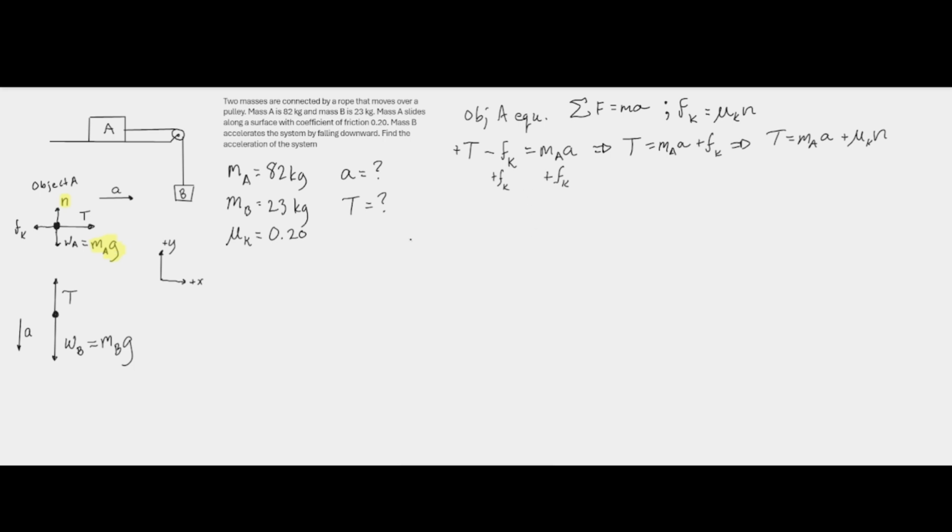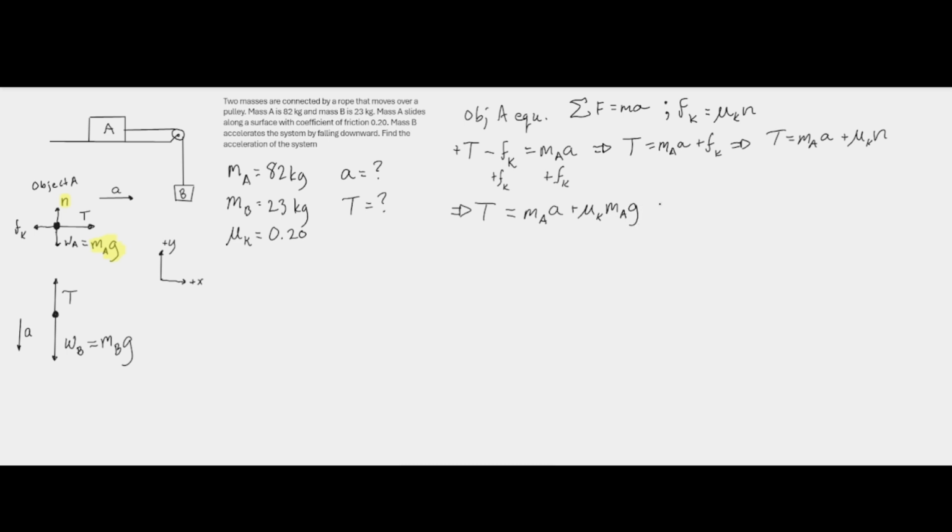In this case, we only care about the magnitude, so it's the mass of A times gravity. So continuing down here, the tension force is equal to the mass of object A times the acceleration of the system plus the coefficient of kinetic friction, and now instead of the normal force, I'm writing the magnitude of the weight force, which is the mass of object A times gravity.